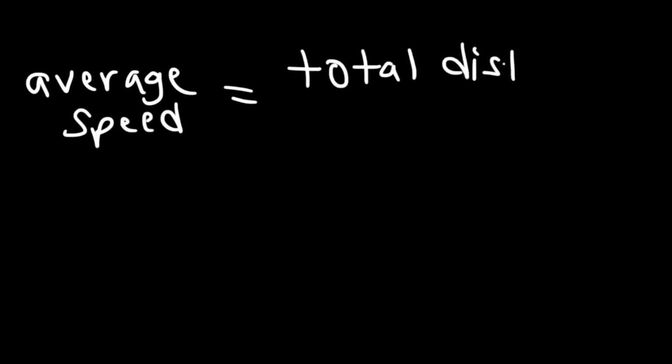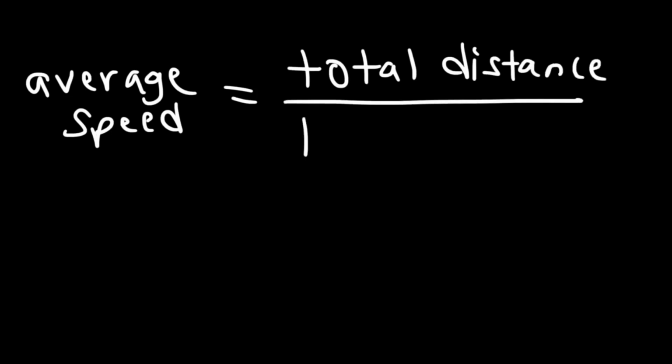Now there are some mathematical formulas that you want to know when dealing with speed and velocity. This is something called average speed, because sometimes in physics, you need to calculate the average speed of an object. The average speed can be calculated by the total distance traveled by the object divided by the total time.